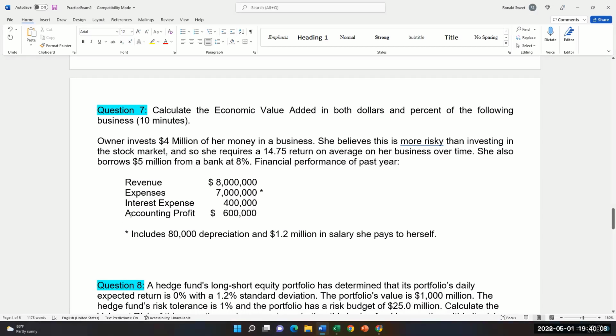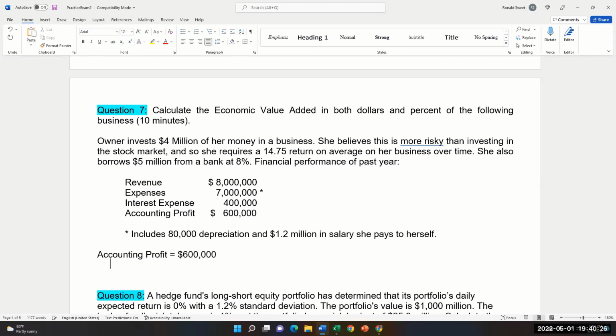All right, so economic value added. This one, pretty simple math. You just got to remember. So you've got your accounting profit is 600,000. Economic profit is going to equal the accounting profit.